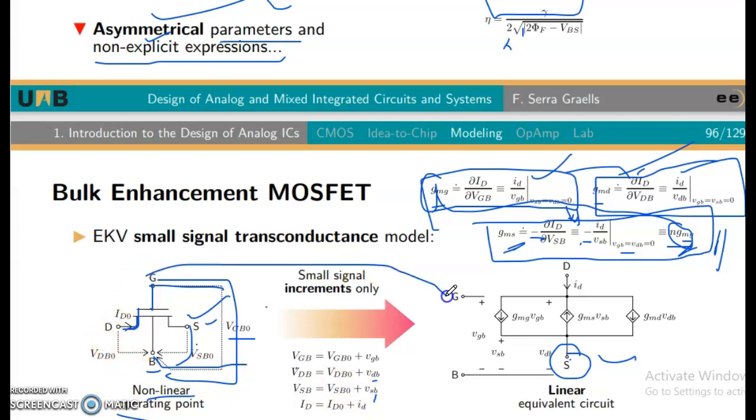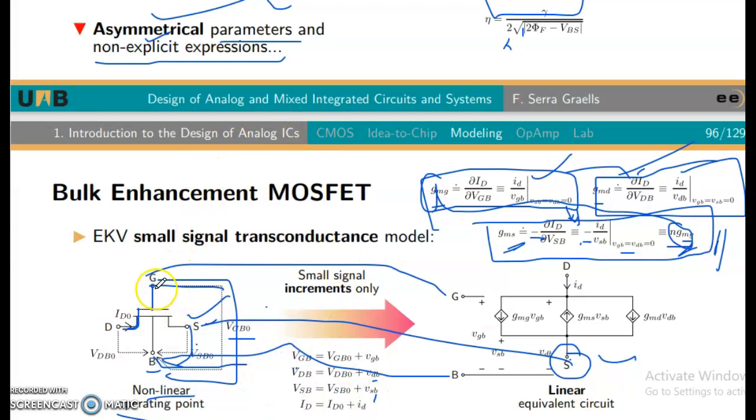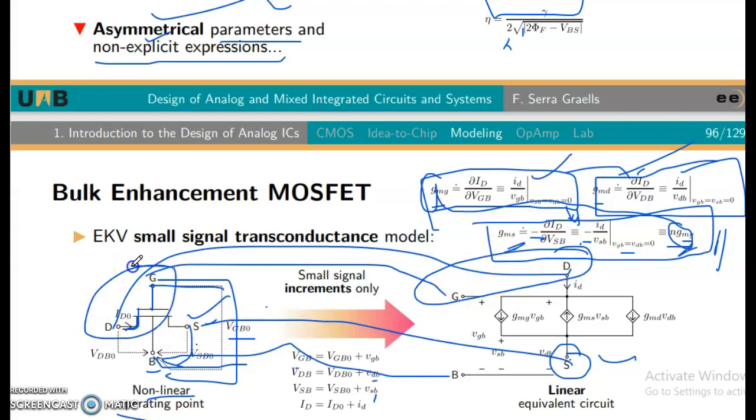G is positive, base also negative, source also negative. D also positive, so DG positive, SB negative, TG positive.